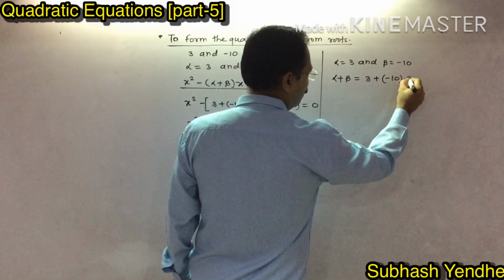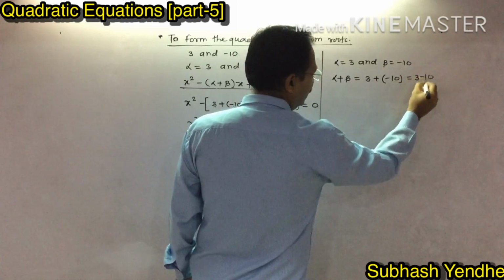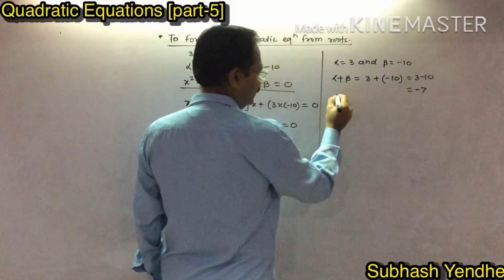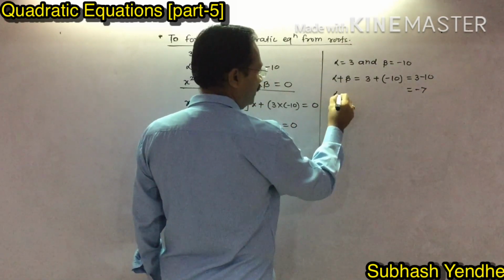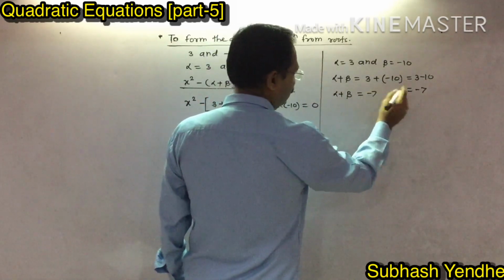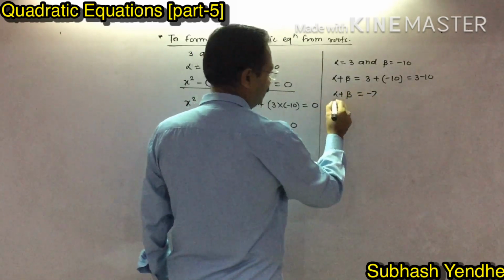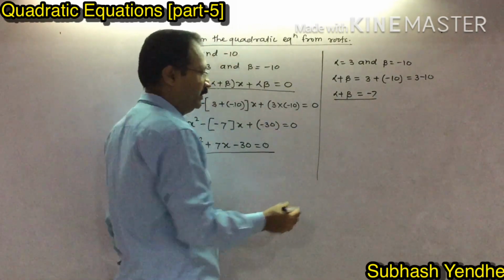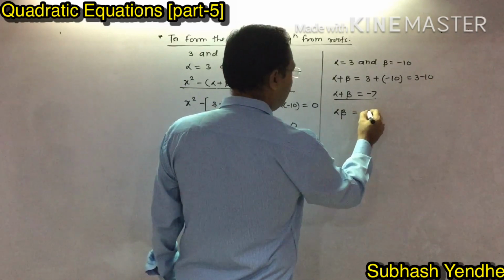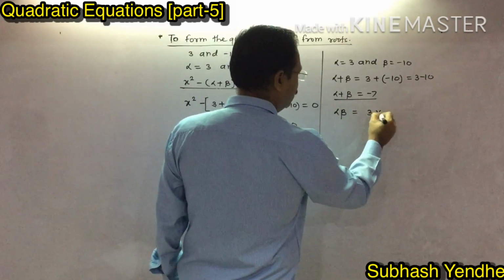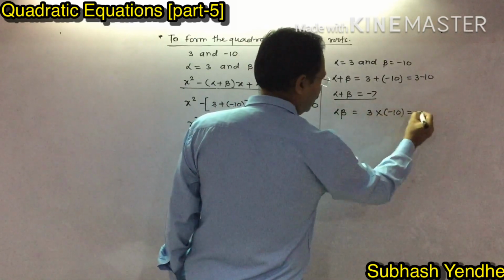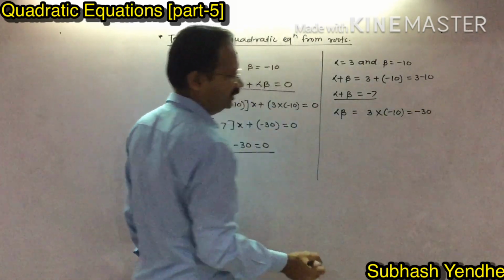So you will get 3 minus 10, which equals minus 7. Therefore, alpha plus beta equals minus 7. We can write it here, minus 7. This is the value of alpha plus beta. Then alpha beta equals alpha is 3 into beta is minus 10, so you will get minus 30.